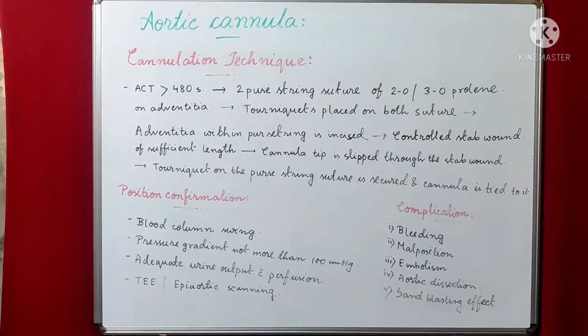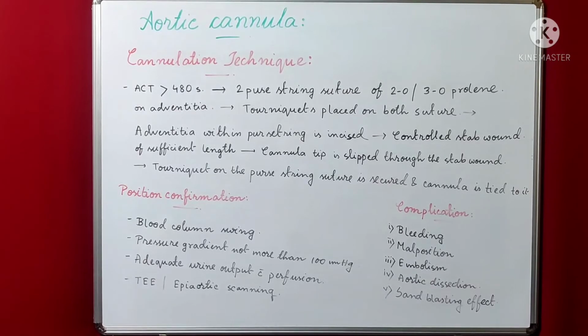First and the most important thing to check before aortic cannulation is whether adequate heparinization is done, and this is monitored through ACT or activated clotting time, and it should be more than 480 seconds before aortic cannulation is done. It must be more than 480 seconds before aortic cannulation.